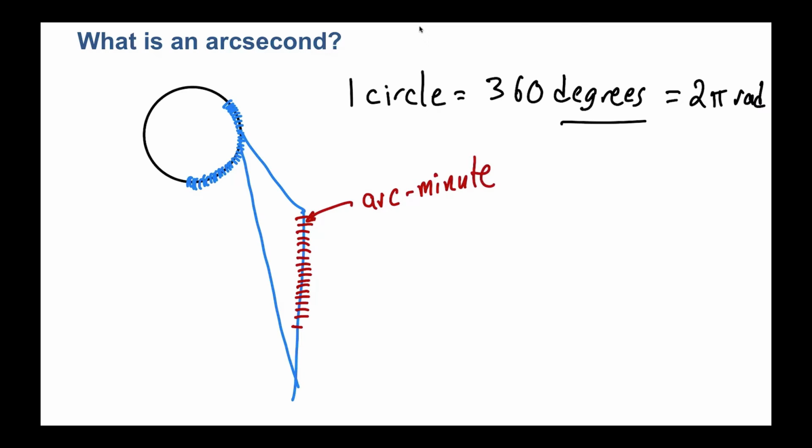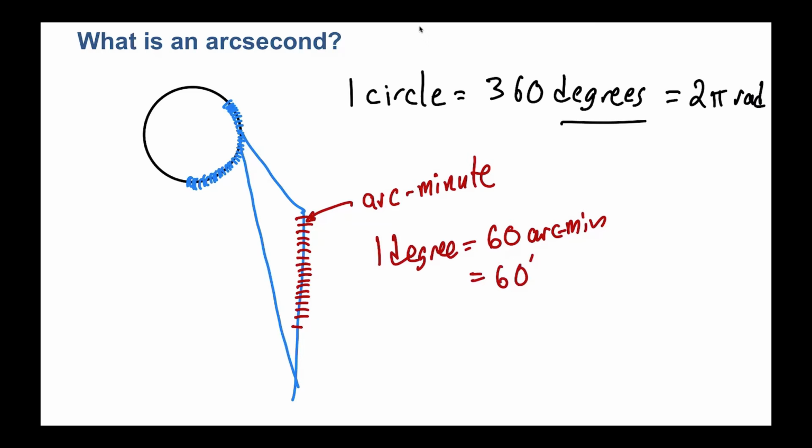So 1 degree equals 60 arc minutes. And sometimes you will see this written as 60 with a single quote, which is short for arc minutes.